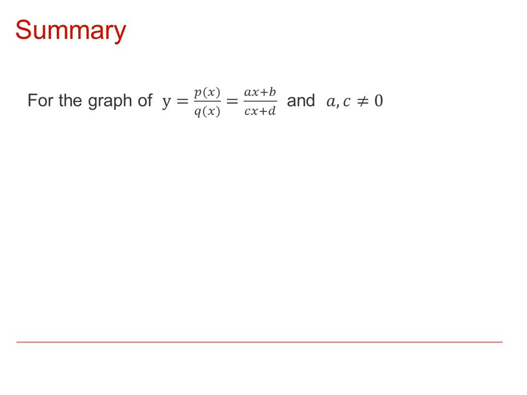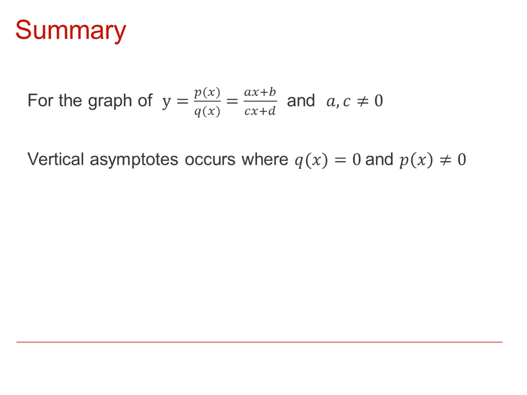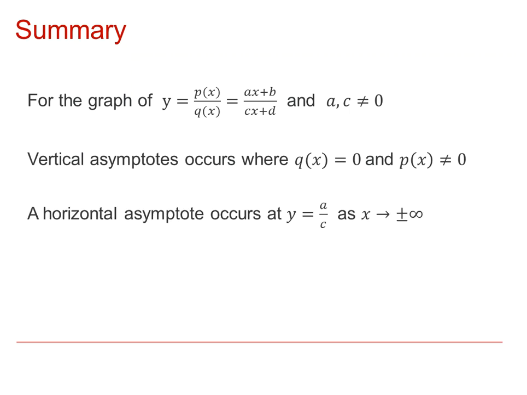In summary then, for a graph, the vertical asymptote occurs where the denominator q of x is equal to 0, and a horizontal asymptote will occur when x is approaching plus or minus infinity, and then the b and d in the expressions will become irrelevant, so we end up with a over c as being our horizontal asymptote.